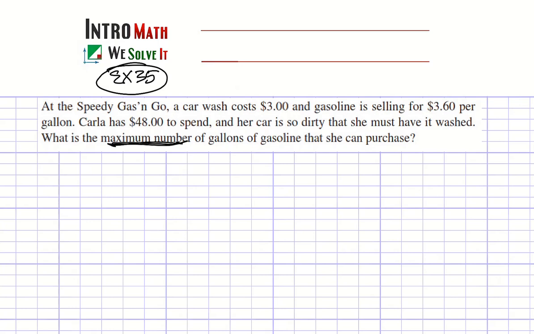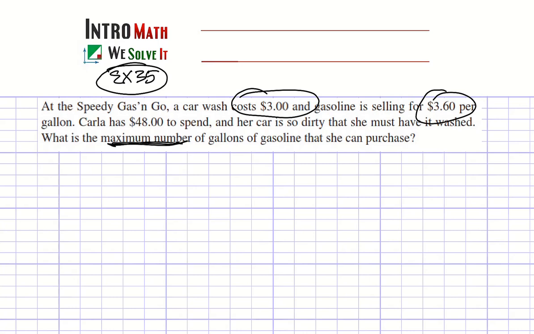So how do we tackle that one? She spends some money on the car wash, and she spends a certain amount per gallon. We want to know how many gallons she can buy.